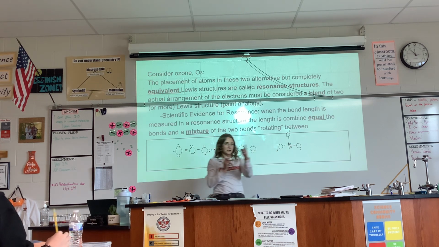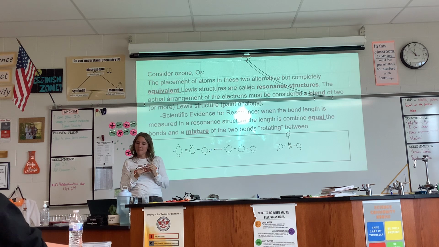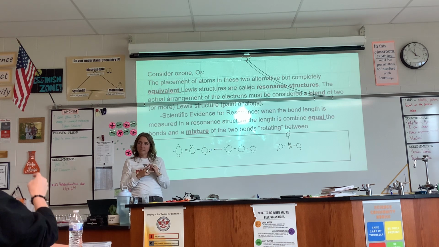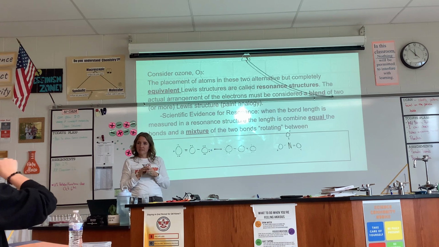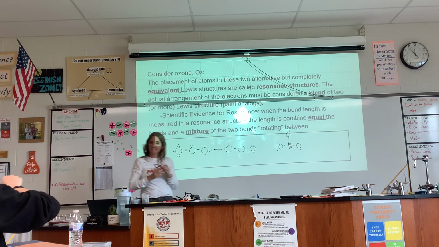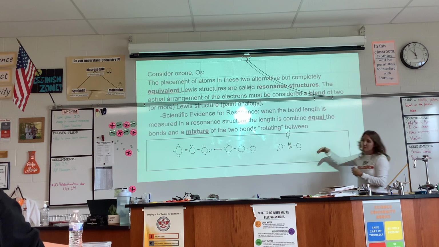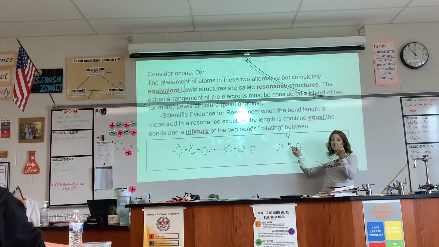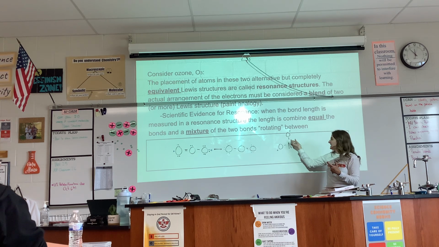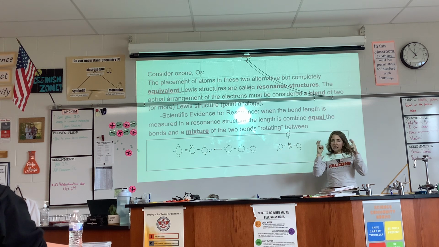Yeah, good question. Jack? So basically how it works is you have a bond that you can switch with another atom. Very well said. So what Jack said, to identify resonance you're looking for a double bond that can exist in different places and it doesn't change the structure, right? Just think of mirror images.